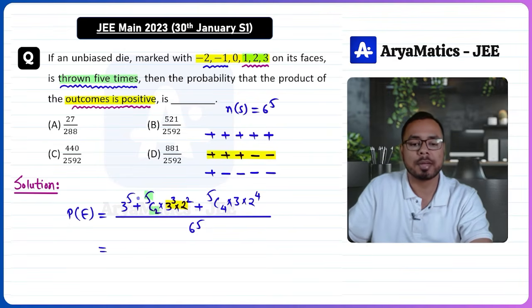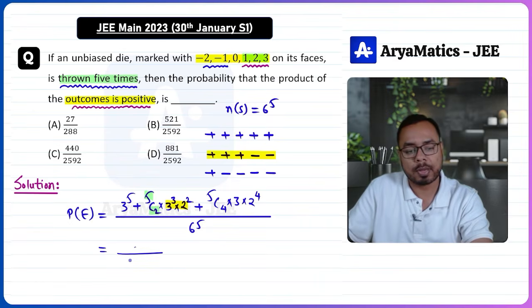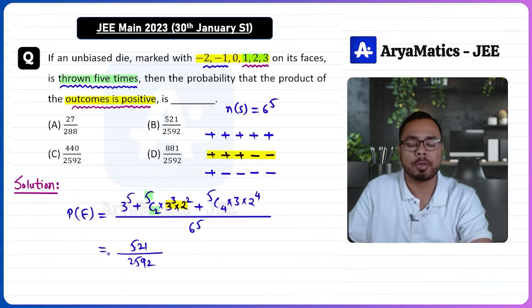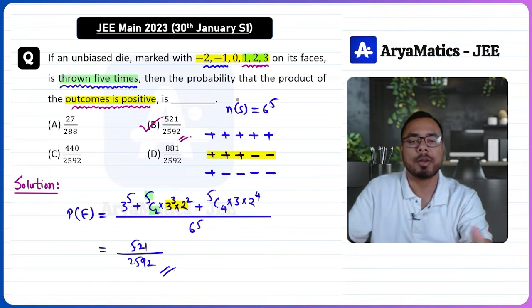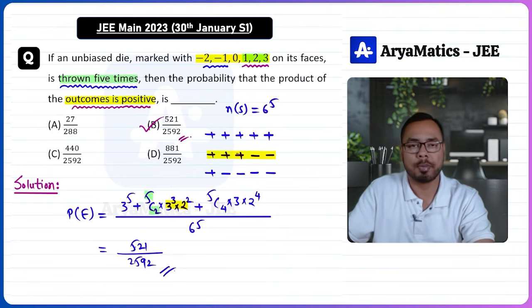And now you can simplify this one. Once you take 1 3 common, then in the denominator you can have 2592. And when you simplify this, you will get 521 in the numerator, right? So after calculation you will get this number, and therefore the correct answer for this problem will be the second option. So this was a problem where you have to consider these three possibilities.